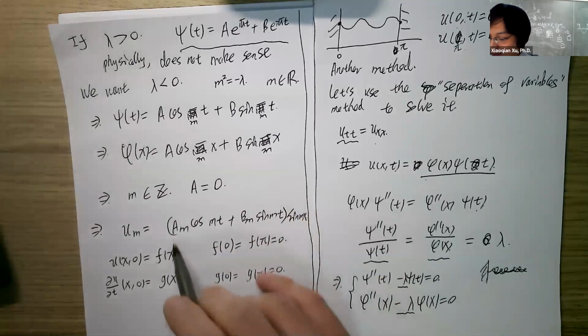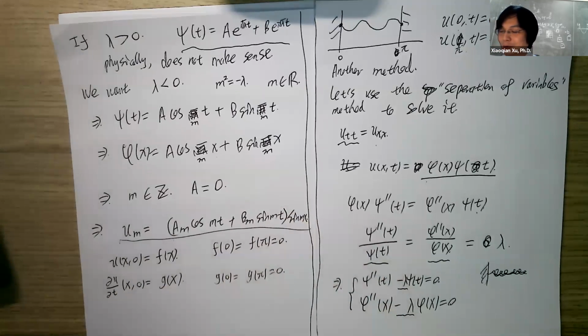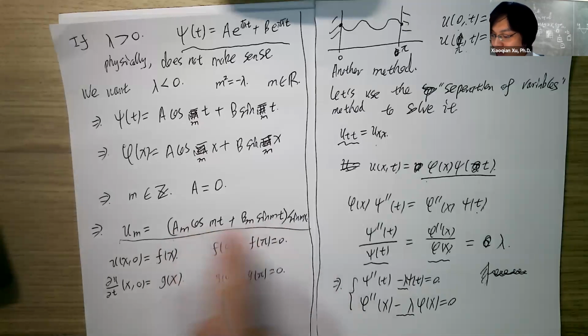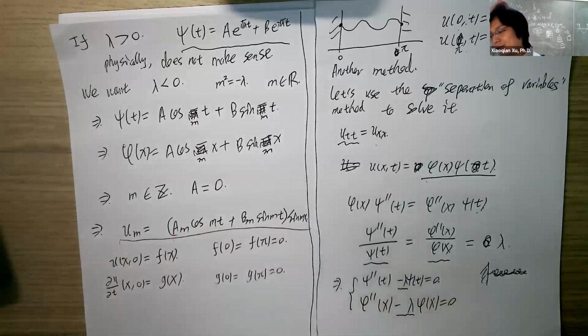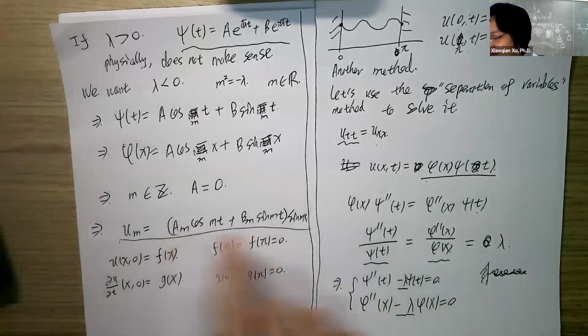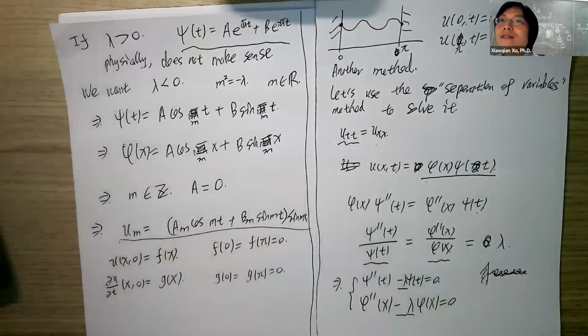Okay, so that means this kind of solution may not be good enough because we want f and g to be arbitrary. But here, what is your general solution? Well, if you want to call it general solution, then what does it look like? If you plug in t equals to 0, it's just a_m times sine mx.